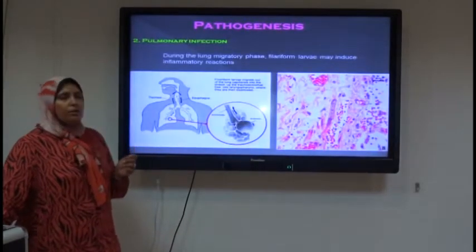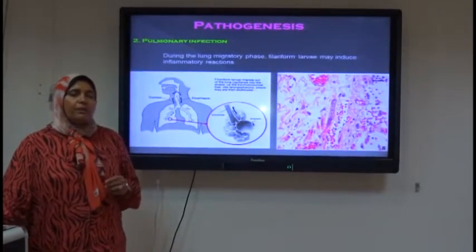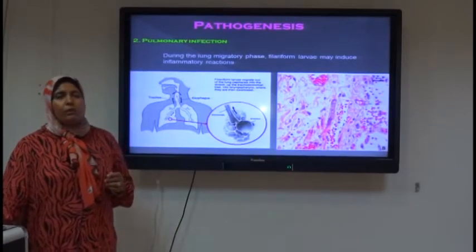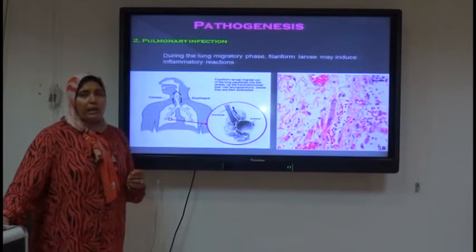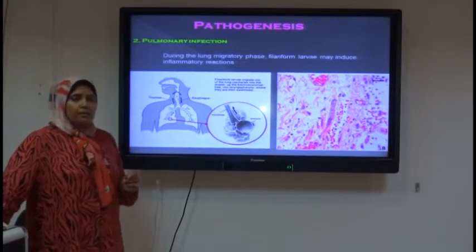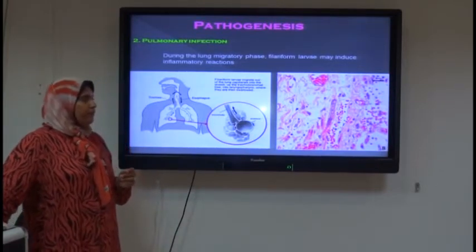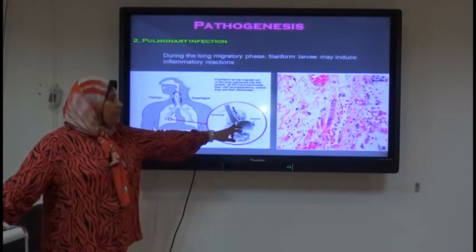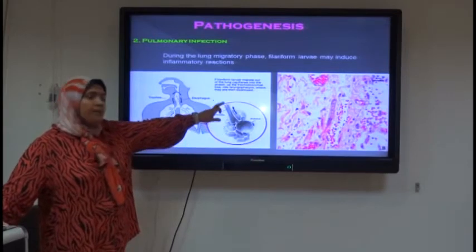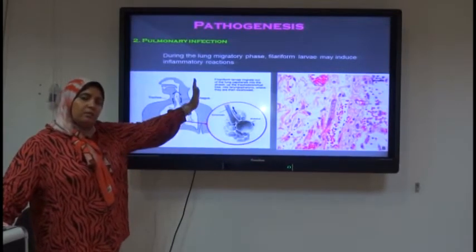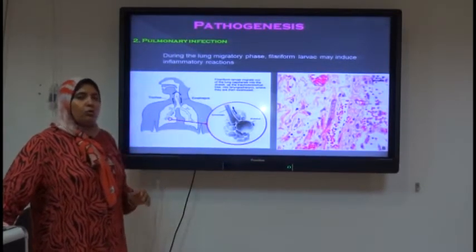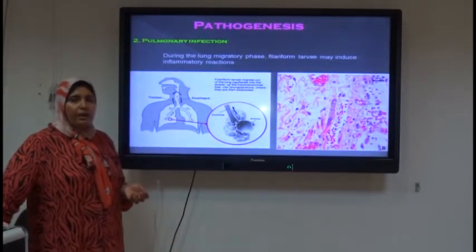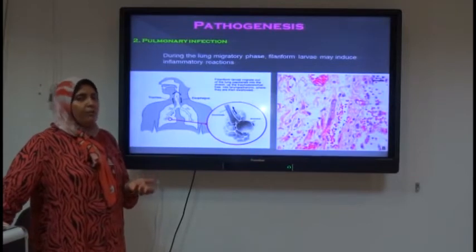What about the pulmonary phase? As we said, after penetrating the skin, it will pass through the circulation and go to the lungs. In the lungs, it will penetrate the pulmonary capillaries to enter the alveoli. And then it will keep on wandering through the air passages upwards or in a retrograde manner throughout the whole pulmonary pathways. And that's why once it is present there, it is a foreign body.